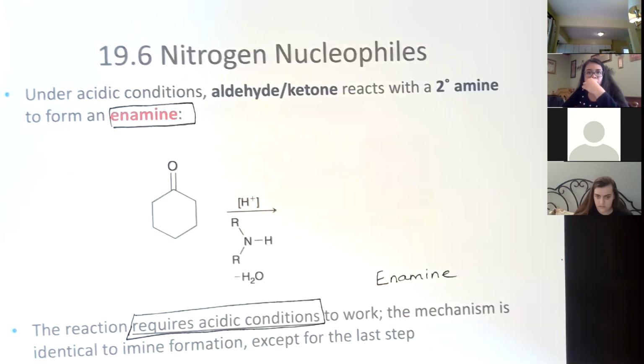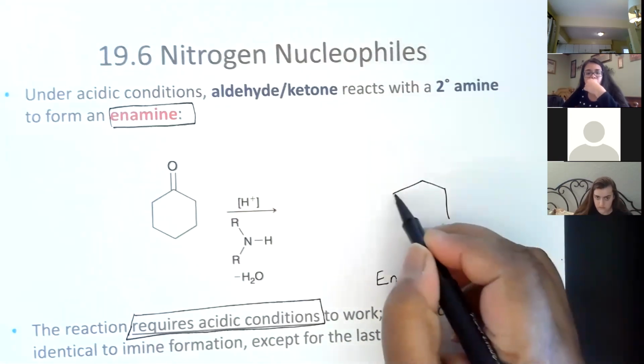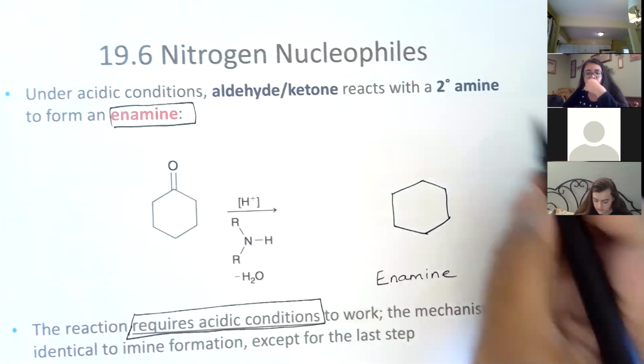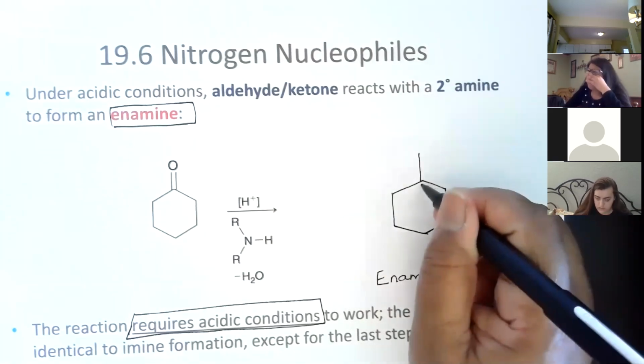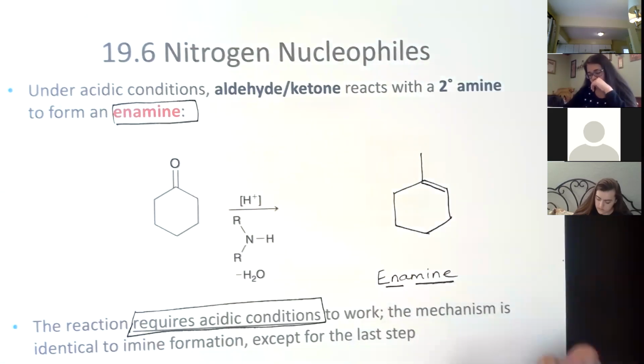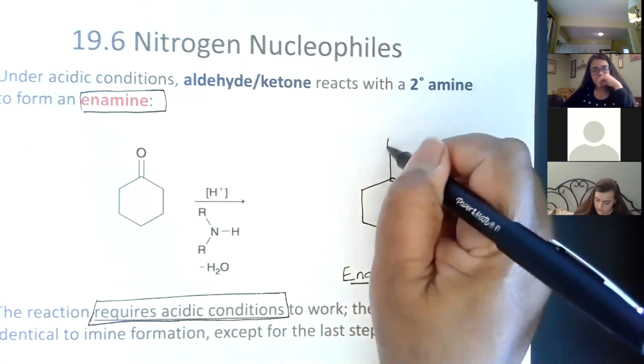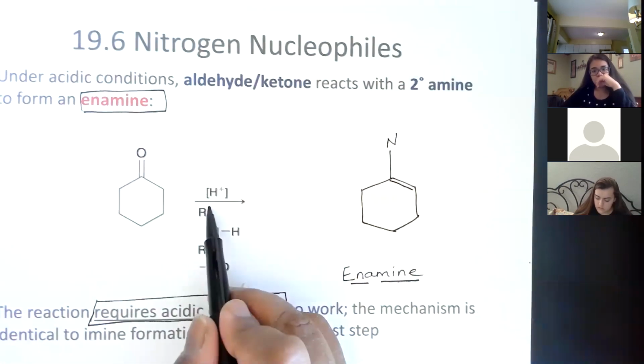And this will ultimately give you, remember there's a double bond there, enamine. It's like an ene and an ol. And it has two R groups.